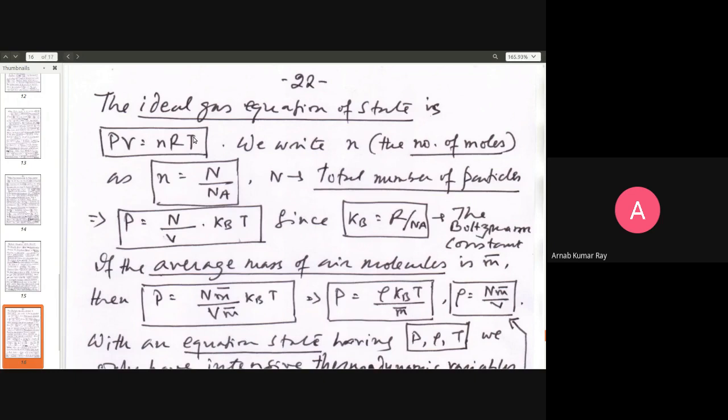Now, if you suddenly decide to build a partition wall in your room, there will be air on both sides, and the pressure and the temperature of air in each half of the room will be the same as what it was earlier when there was no partition. So basically, pressure and temperature are variables that do not depend on whether the system overall has been halved or not.